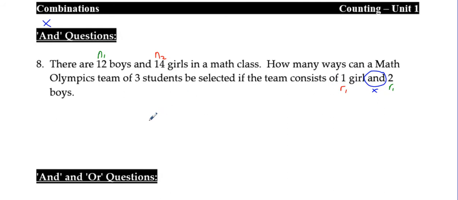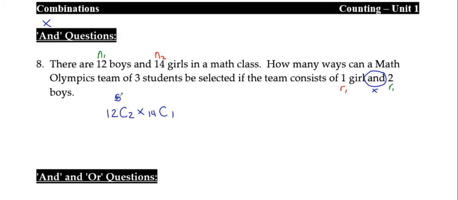So in order to have 1 girl and 2 boys, we have 12 boys and we're going to choose 2 of them, and we have 14 girls and we're going to choose 1 of them.